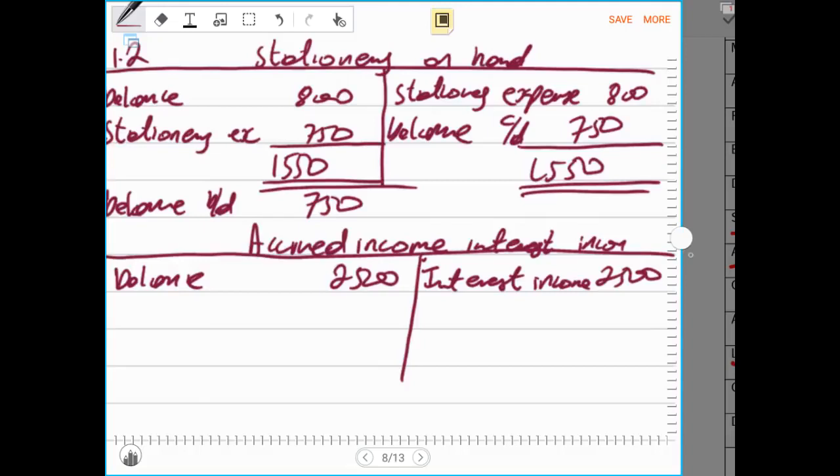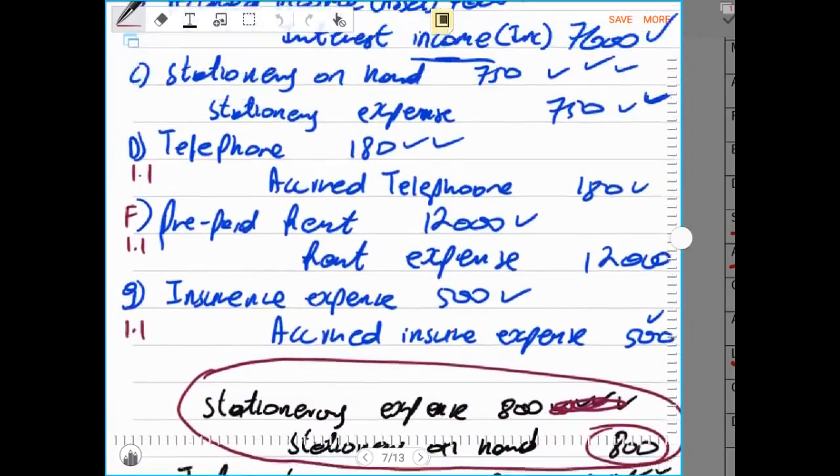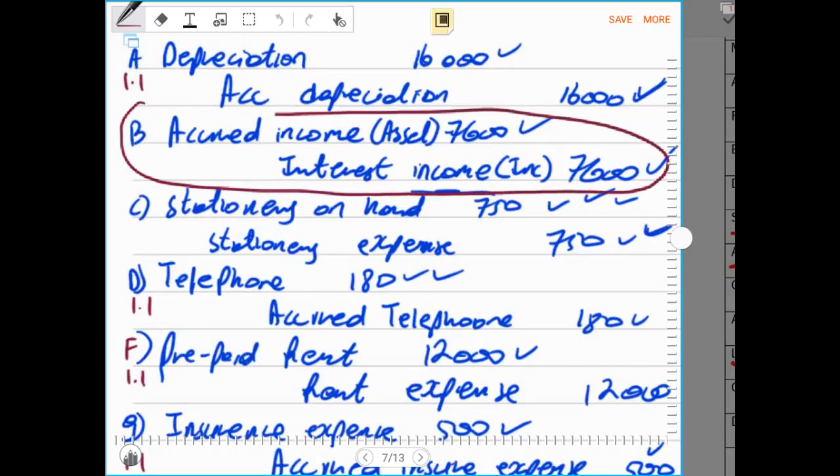Then after we record, I think there was accrued income of 7.6 by the end of the current year. We did record that. Let me check. There was accrued income by the end of the current year, which was 7,600, number B, where we debited accrued income of 7,600 because this was all accrued, not yet accounted for.